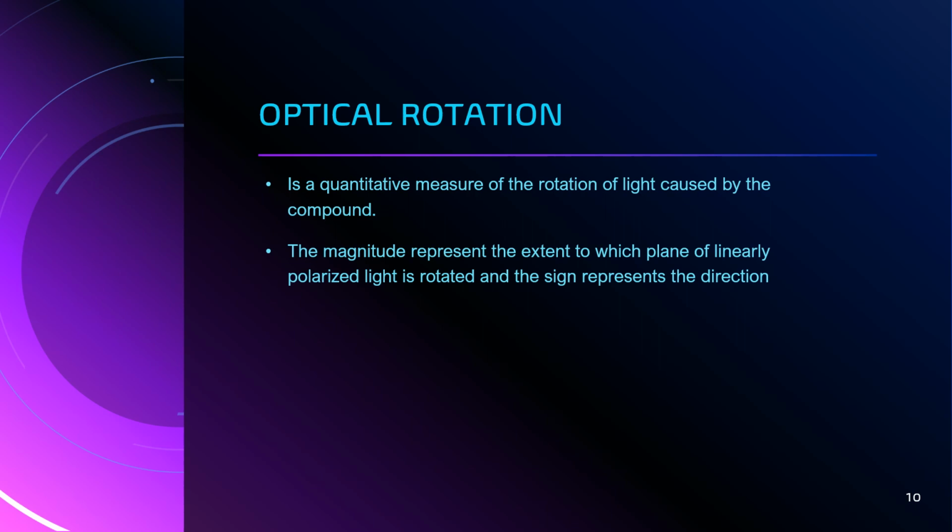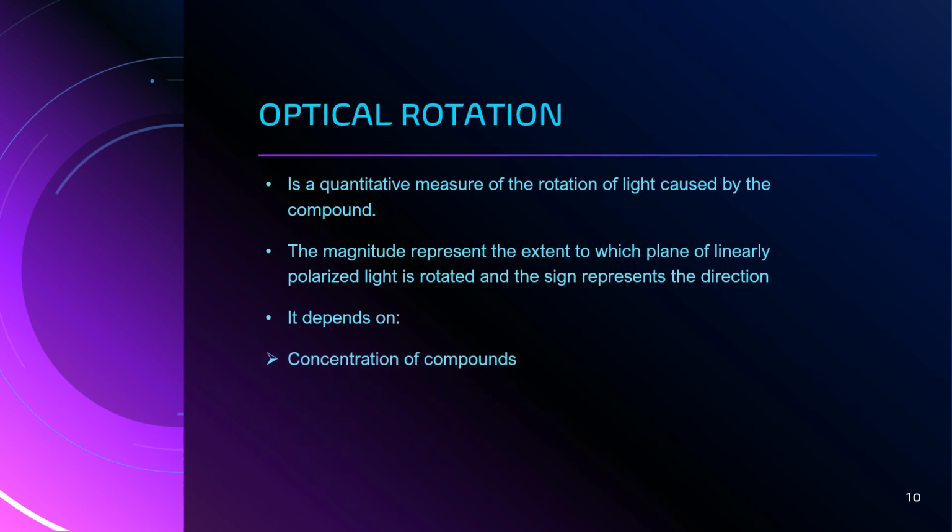Suppose it is dextrorotatory, that means the light has been rotated to the right, and if it is levorotatory, then the light has been rotated to the left, and the value of the rotation, the magnitude, represents the degree to which the rotation happened.